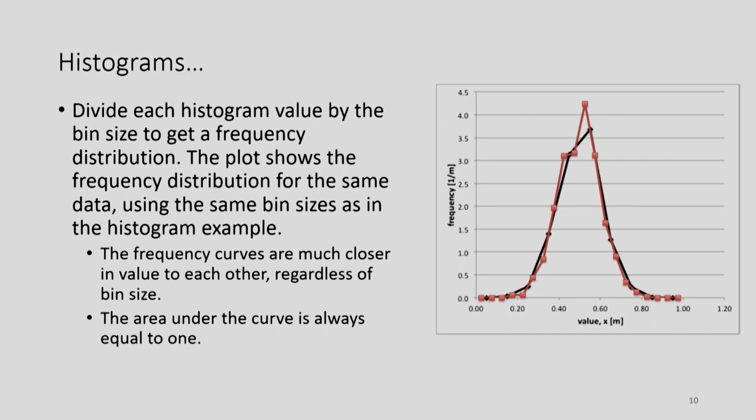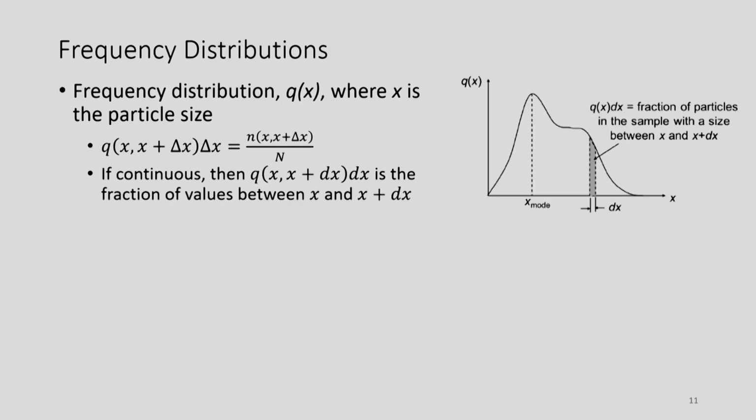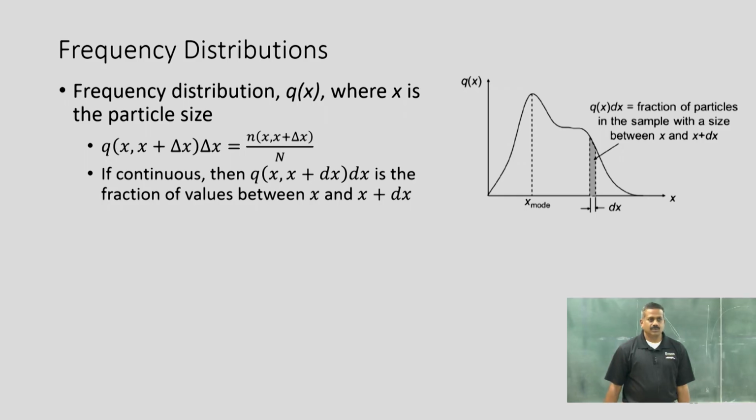If you're plotting a histogram, you might end up with some error depending on the bin size. So again, as said, with frequency distributions, when you use different bin sizes too, the distributions will be very close.